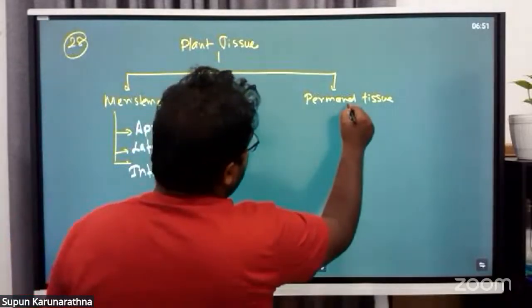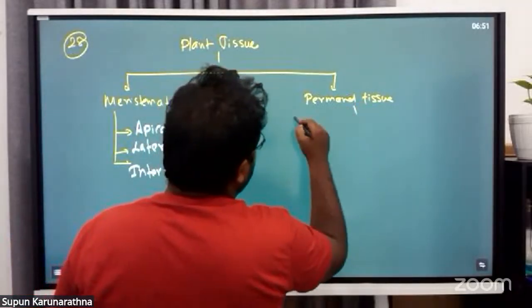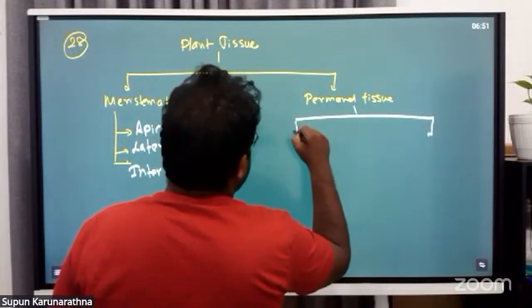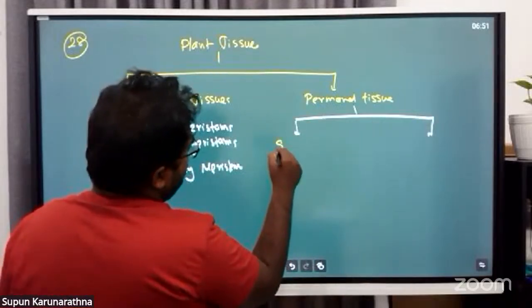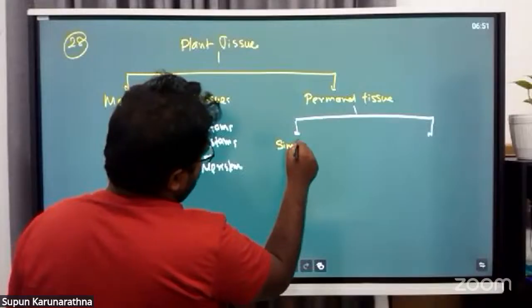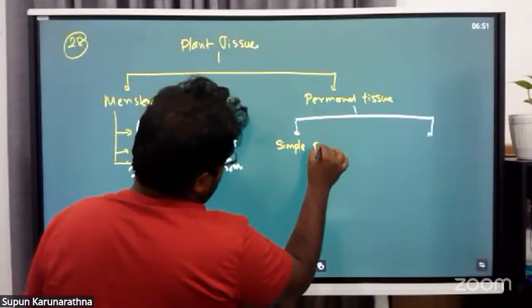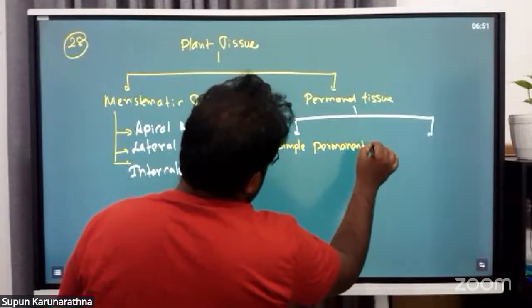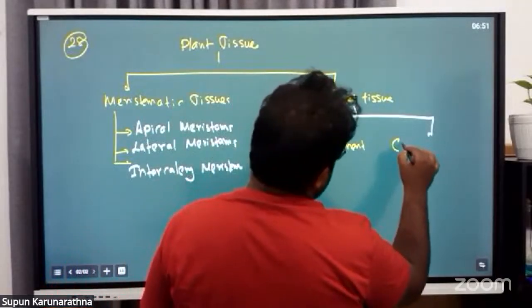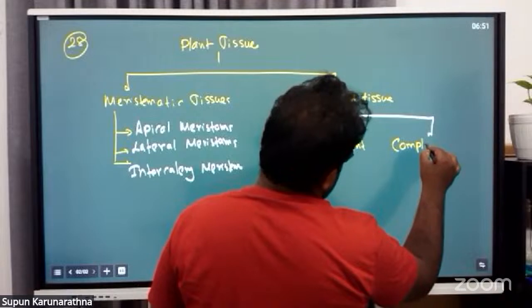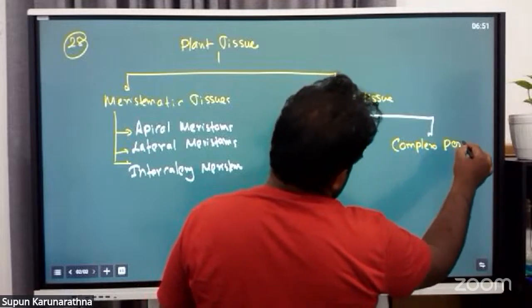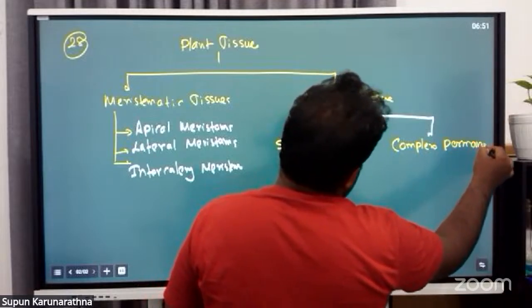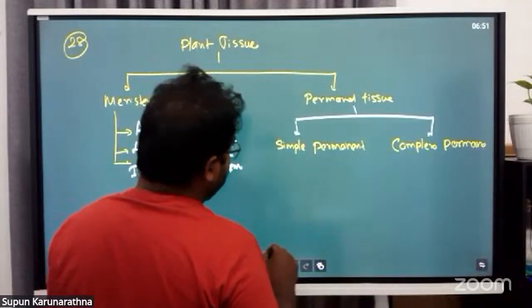Permanent tissues, mainly we divide permanent tissues into two groups. They are simple permanent and the other one we call complex permanent. What are the types of simple permanents?